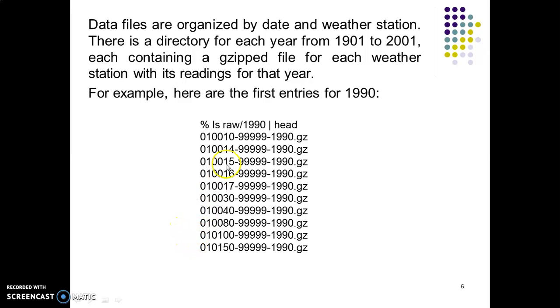For example, here we can see the month 01, the date 01, and other dates like 10, 14, 15, 16, taken in 1990, which is the year. So these are the first entries of the year 1990 in the form of a gzipped file.